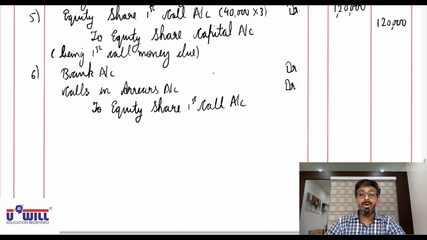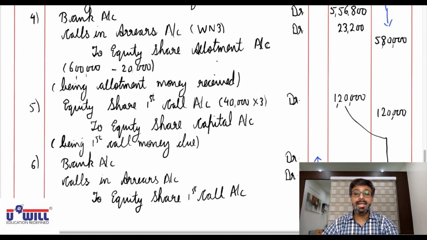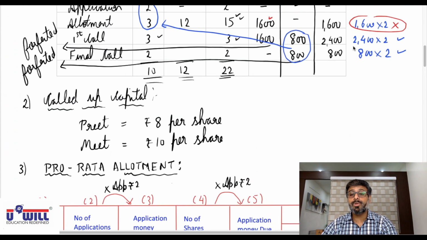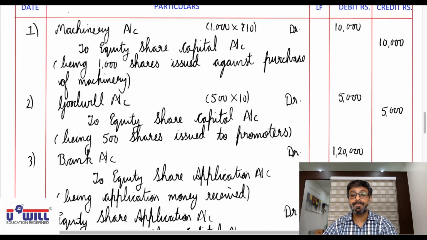Now for the amounts we will go reverse. So first call account we will credit with the full amount 1,20,000. Calls in arrears, directly from the first workings we can get: 2400 shares into 2 rupees, 4800.